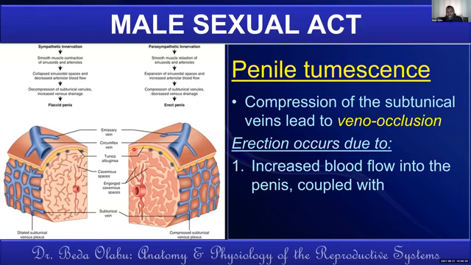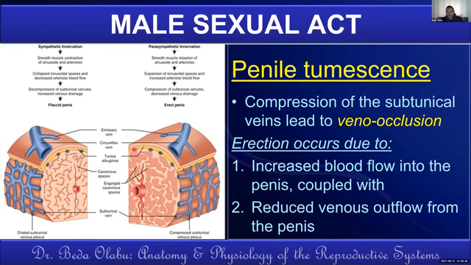But this is coupled with something else very critical, that veno-occlusion has occurred because of that expansion. And because of veno-occlusion, we don't have venous drainage away from the penis. We've reduced venous outflow from the penis. So you are increasing arterial blood inflow and you are reducing venous blood outflow from the penis. Those two work together to cause an erection.